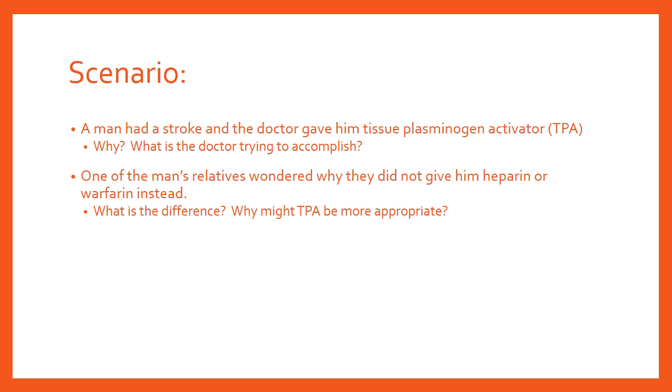Plasmin will help to digest the fibrin, and it will also affect clotting factors such as fibrinogen, factor 5, factor 8, and most importantly prothrombin and factor 12.